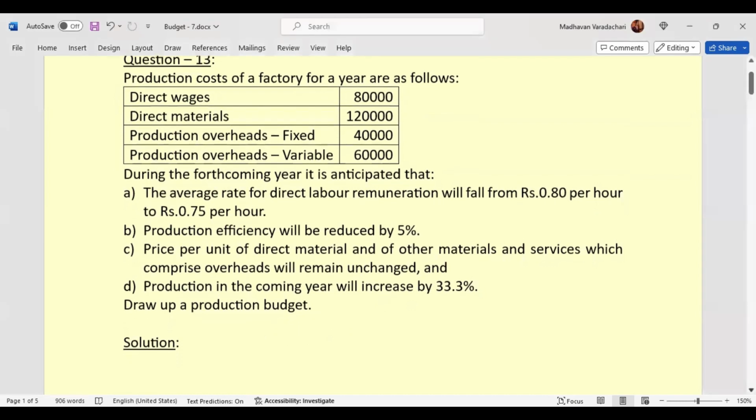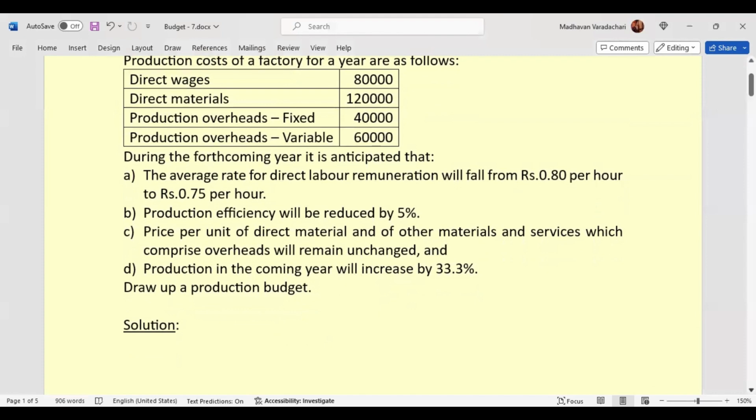First, we will calculate the revised direct wages. Previously, it was 80,000. Now, the production will increase in the coming year by 33.3%, which means it is going to get multiplied by 4 by 3, because 4 by 3 is 1.3333, which is nothing but 33.3% increase.